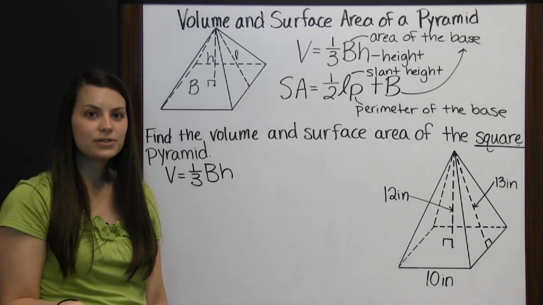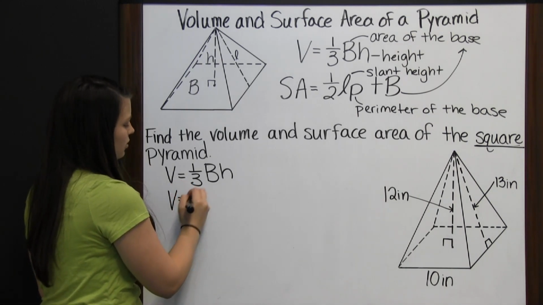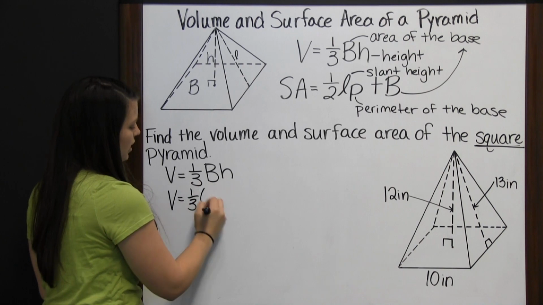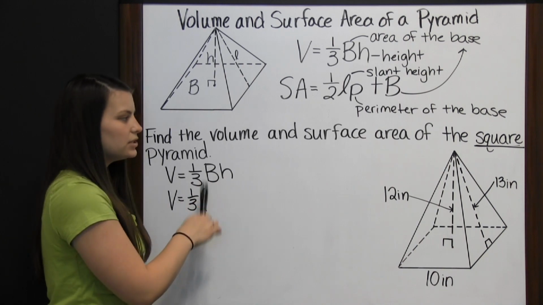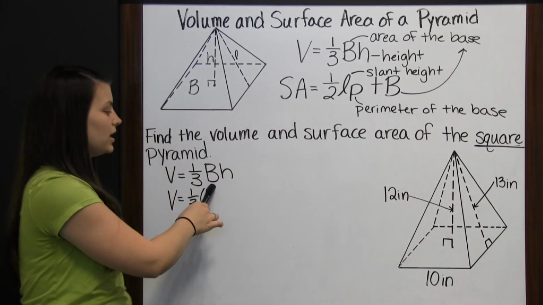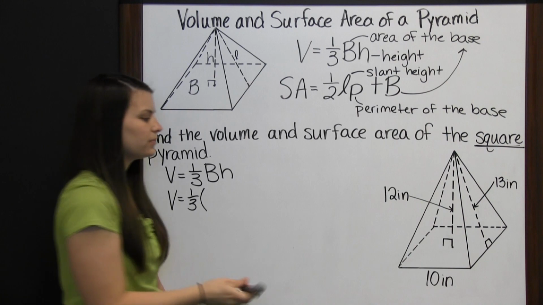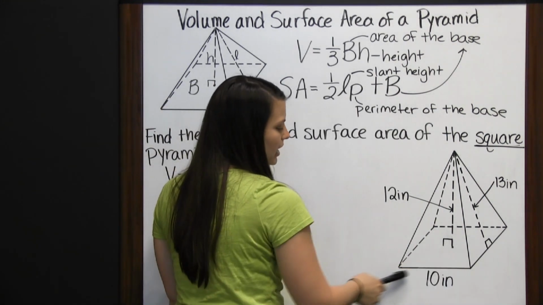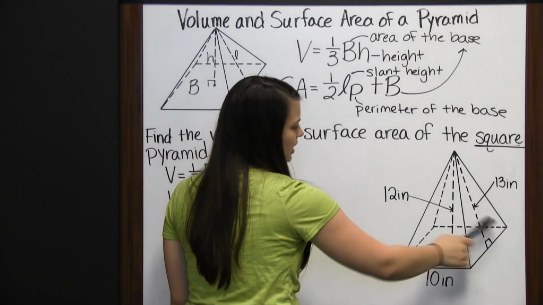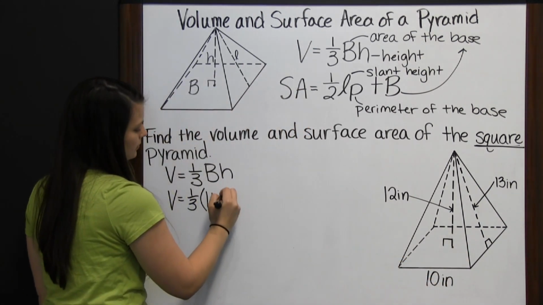And now we need to substitute our area of our base and our height. Volume is 1/3 times, now since they told us our base was a square, to find the area of a square, we just take the side and square it. And our side of our base is 10 inches. So 10 inches squared will give us the area of our base.